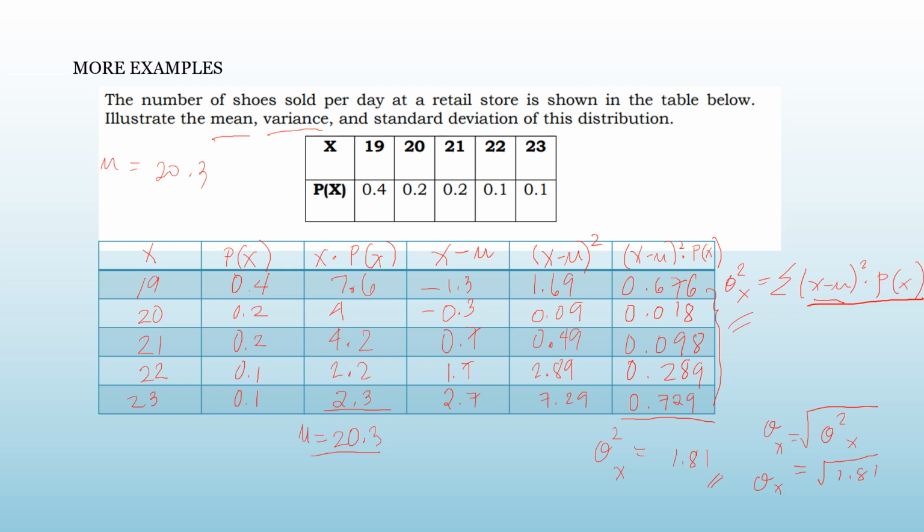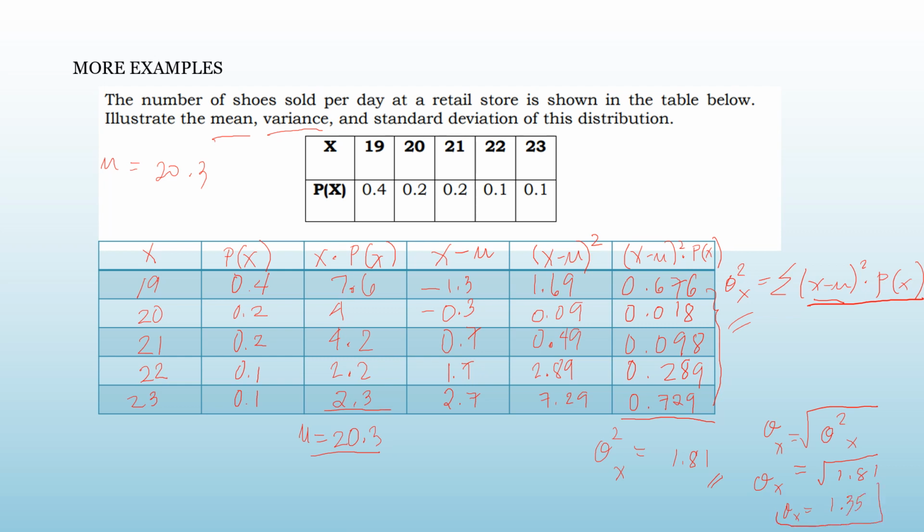Plugging into the computer, square root of 1.81 is equal to 1.35.